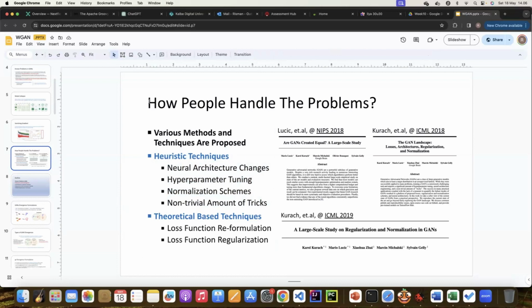But the problem with GAN at that time was that there was limited theoretical study regarding GAN itself, like loss function formulation or regularization. Even one paper from Google in ICML 2019 said that we don't have to worry about other things as long as we have much computational power.